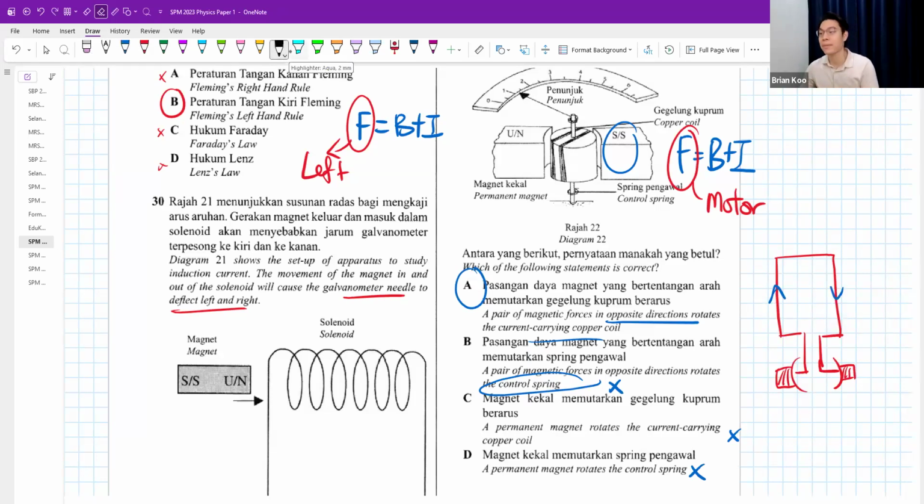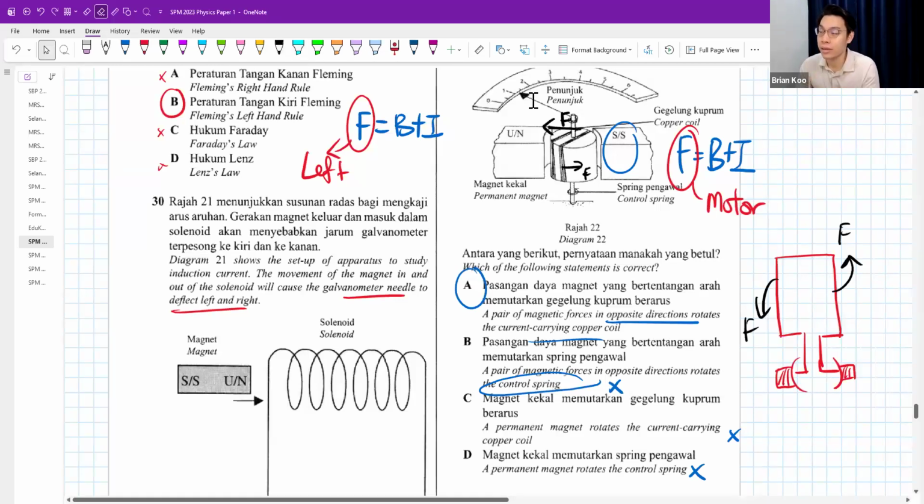Then it keeps on spinning. This is what we mean by forces in opposite directions making it rotate. Same thing here. One side wants to rotate this way, another side wants to rotate that way. So it's opposite direction. That's why it will want to spin, so that it gives you a value.